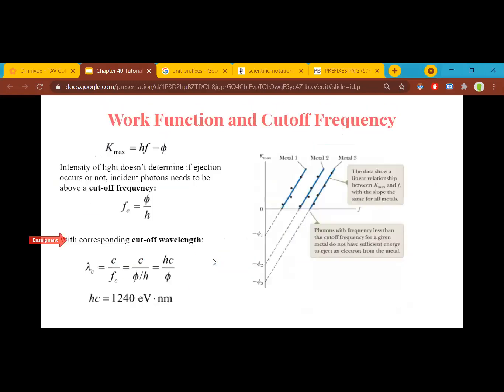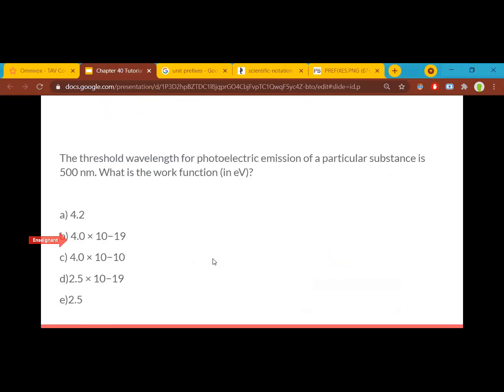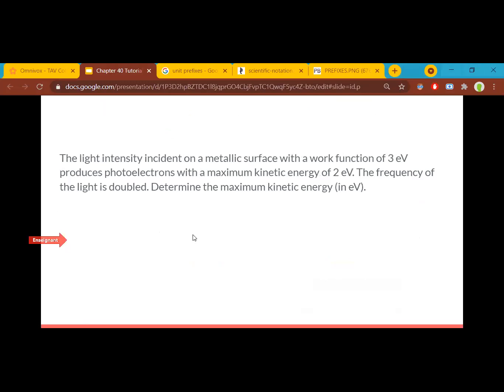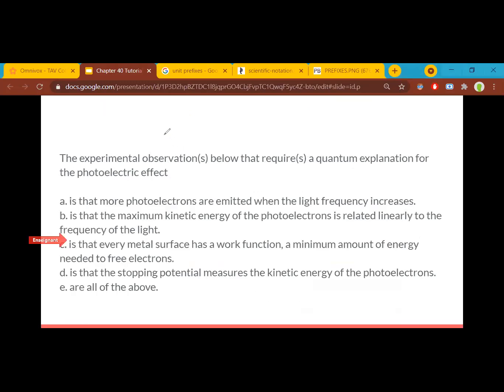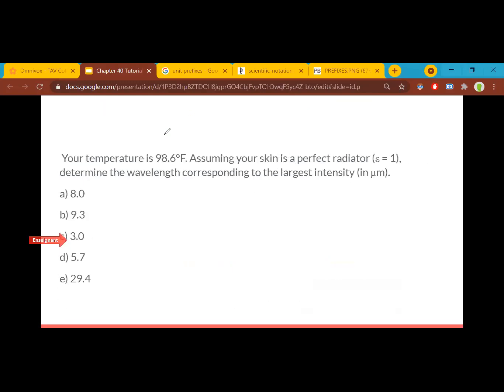We need to find the wavelength, right? So wavelength max times temperature is equal to 2.898 times 10 to the -3.